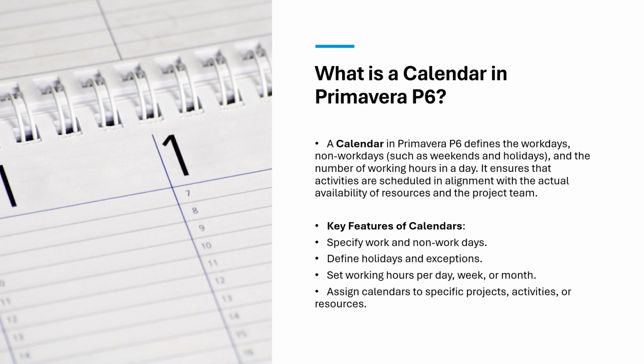By adding a calendar in the project, you will define working days, non-working days, which day is a holiday. So it will automatically schedule your project according to that calendar.